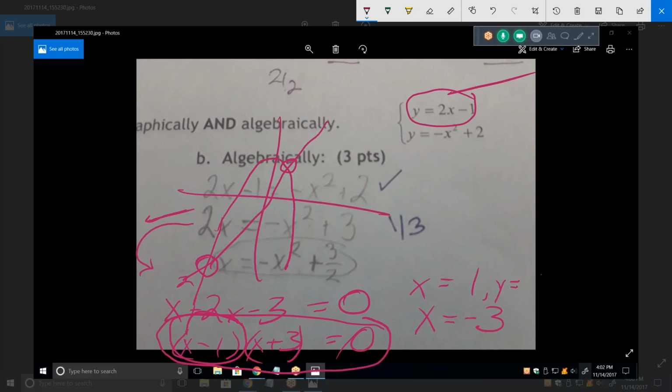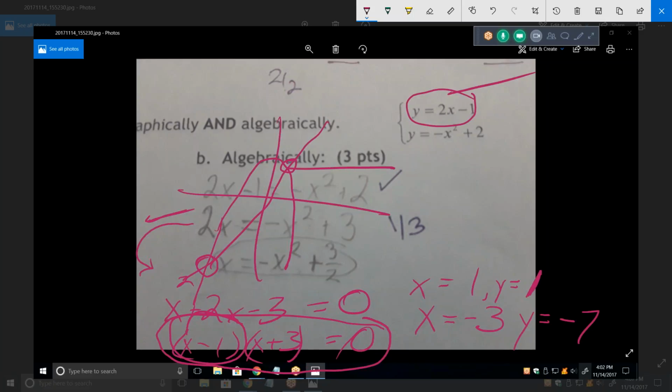So 2 times 1 is 2, minus 1 is 1. Okay, my mistake. I apologize. And now when x is equal to minus 3, what is y equal to? Negative 7.